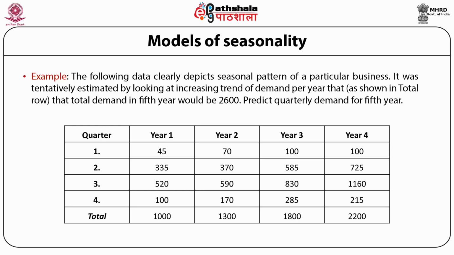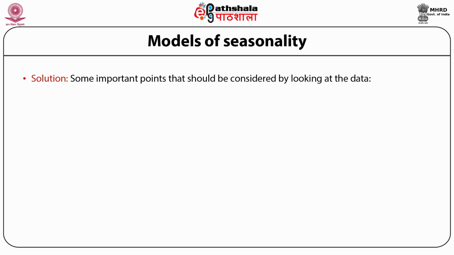For the second quarter of the same year it is 335 units. The total demand for year 1 is 1000 units. Similarly, first quarter demand for year 4 is 100 units. For quarter 2 of year 4 it is 725 units, and total demand in year 4 is 2200 units. Some important points should be considered by looking at the data.